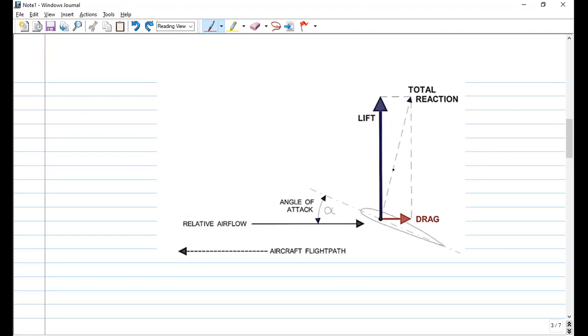So we also have the center of pressure. Okay? Yung center of pressure naman, it is a point on the chord line ng ating pakpak wherein the lift or the aerodynamic force is considered to act. Okay? So as we can see here, dito sa illustration na to, ito yung airfoil natin.